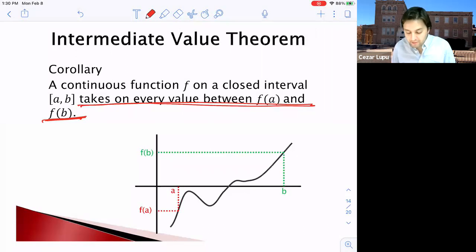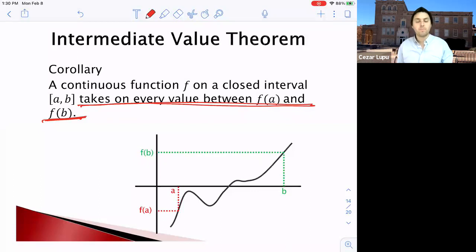And if you look at the graph, it basically just illustrates this. You see, the graph is not interrupted. It just keeps going. It goes up, down, whatever, but it's not interrupted. That's what we mean by a continuous function. And it clearly takes on every value between f(a) and f(b). It doesn't leave any value out.